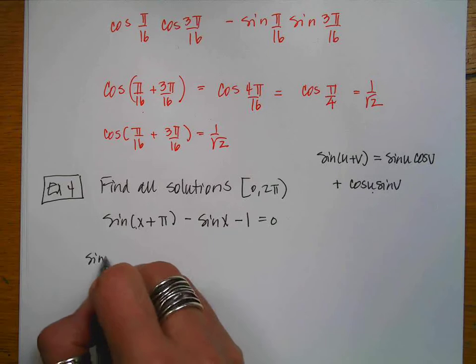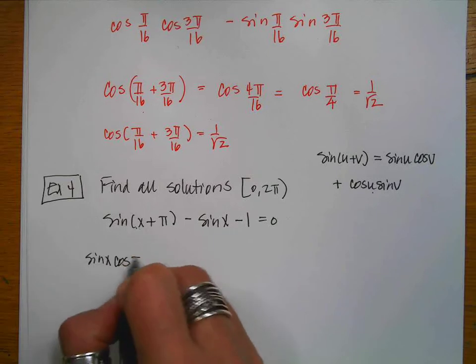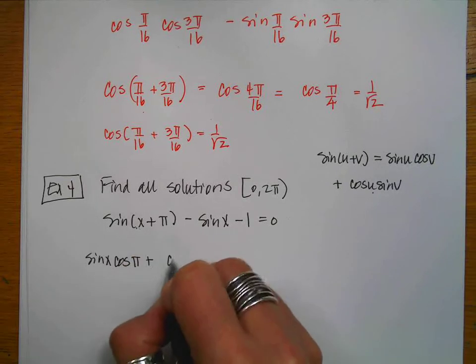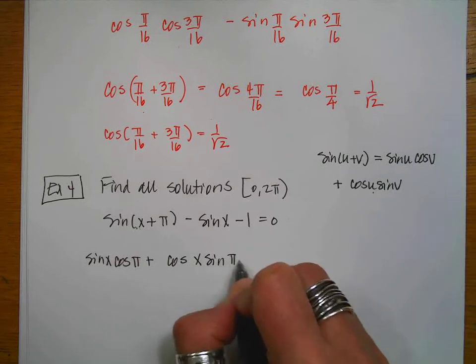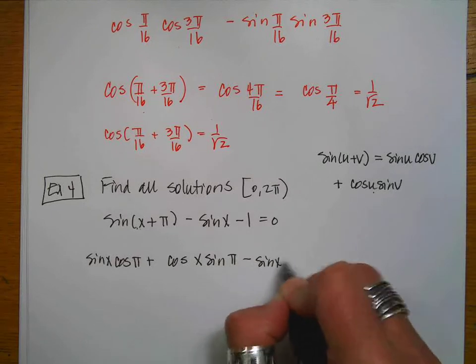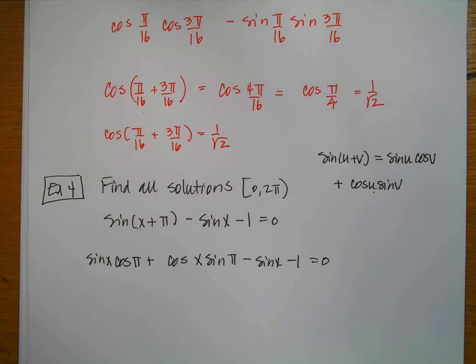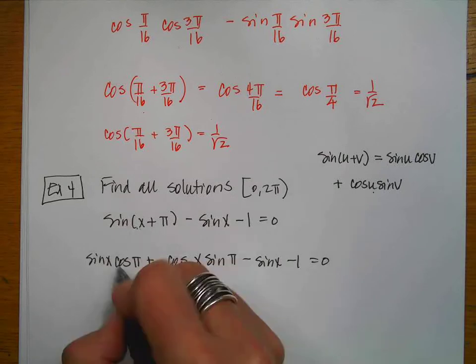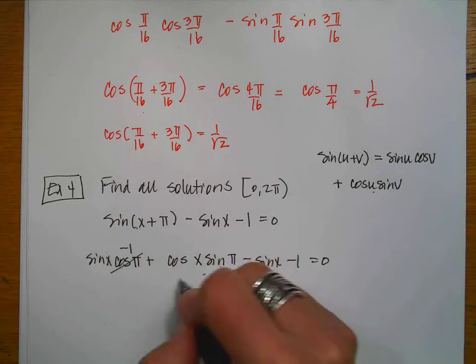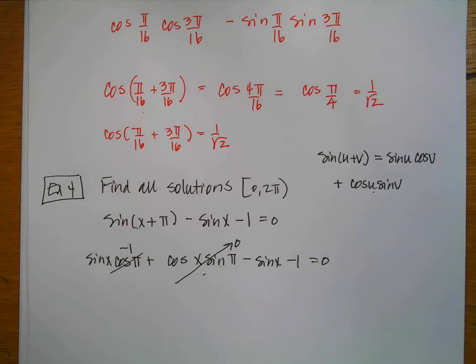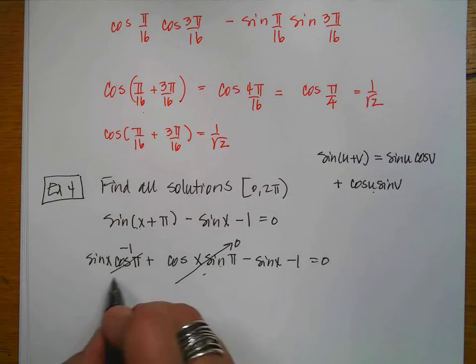So it's going to be the sine of x cosine of pi plus the cosine of x sine of pi minus the sine of x minus 1 is 0. The cosine of pi is a negative 1, and the sine of pi is 0, so that whole piece is 0.